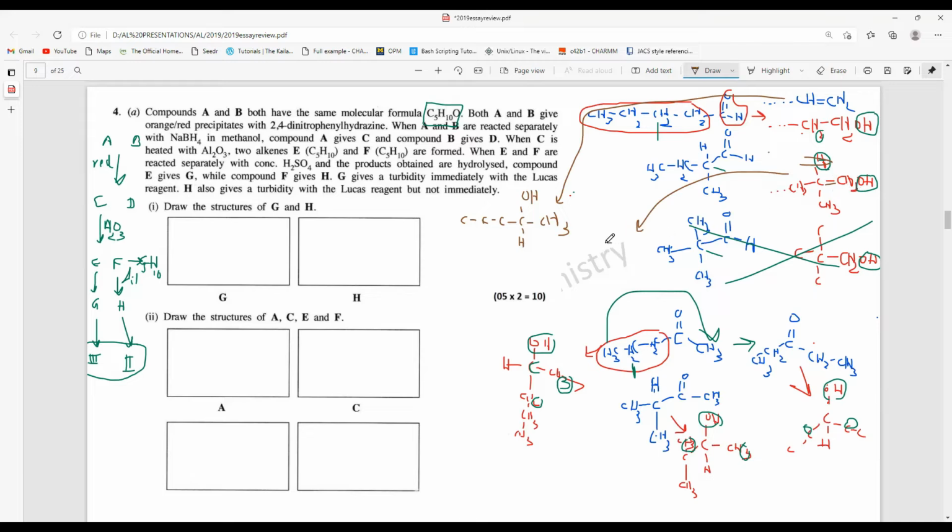Again here, what it forms is there will be an OH here, and here there will be CH3 here, CH3 here, and CH3 here. So I'm already seeing a secondary alcohol and a tertiary alcohol from these 2 structures.